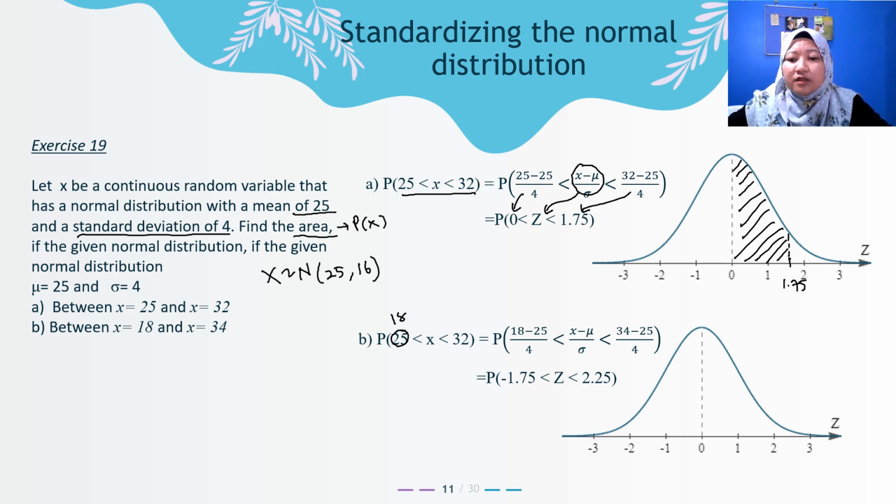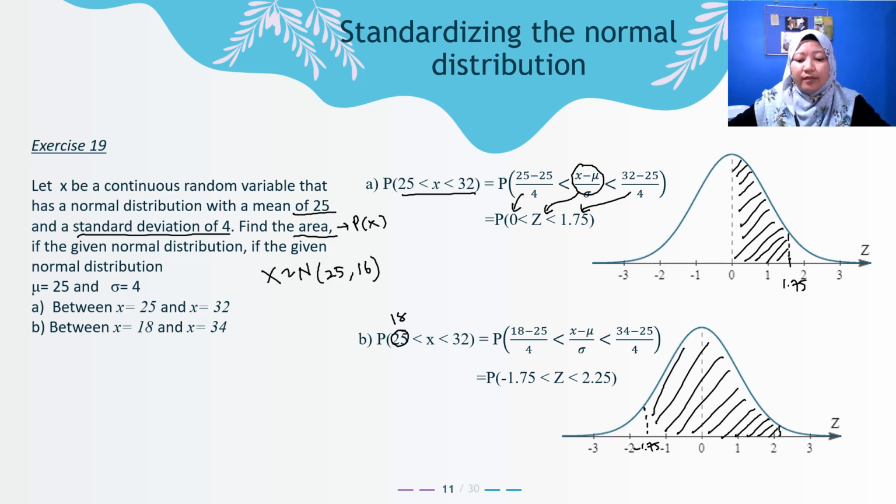So this one, negative 1.75, 2.25 here. So the total area is here.